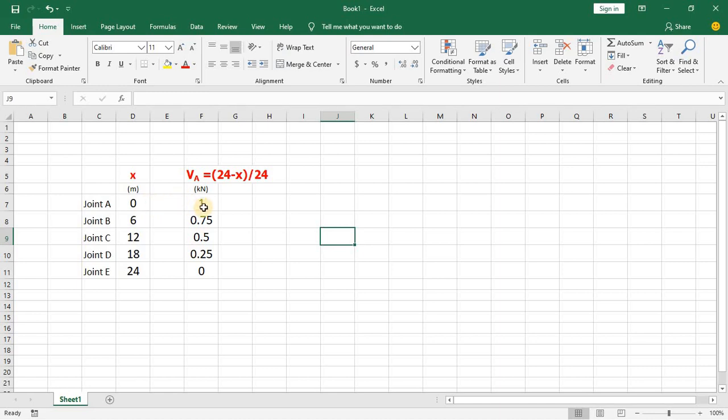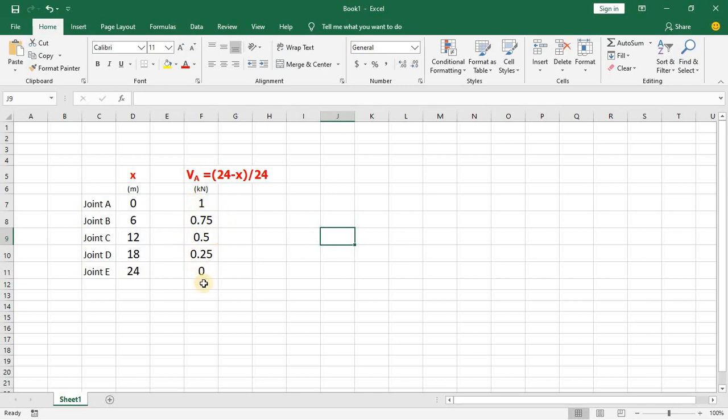You can see that the corresponding value of reaction at support, VA, is equal to 1 when I place the 1 unit load at joint A. When the 1 unit load is placed at joint B, the value of VA is equal to 0.75, and likewise for the other joints.